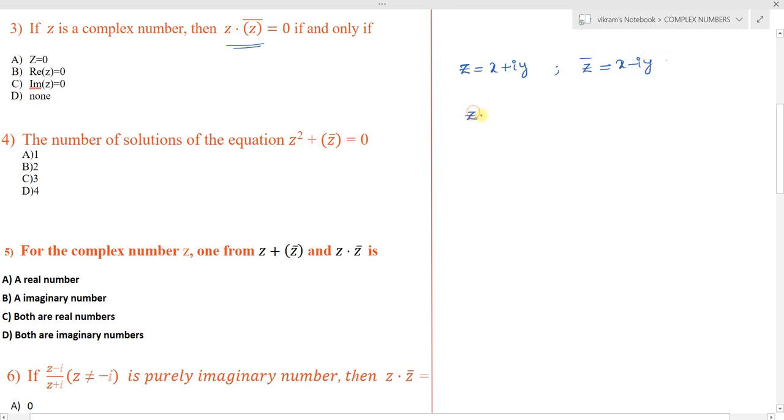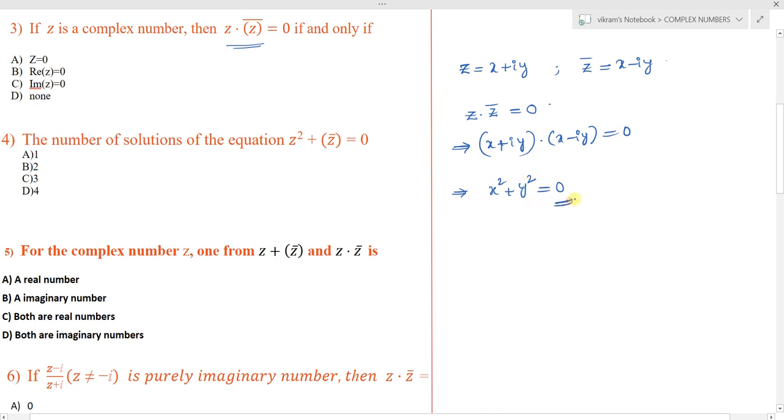The condition is z times z conjugate equals 0. So (x plus iy)(x minus iy) equals 0, which is nothing but x square plus y square equals 0.